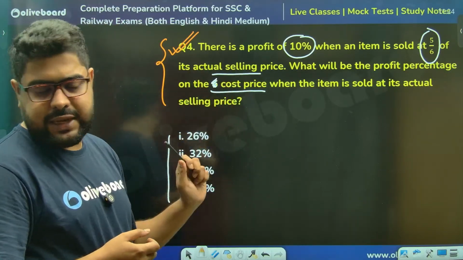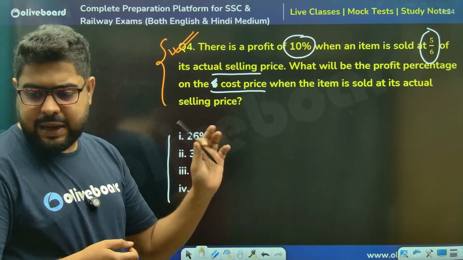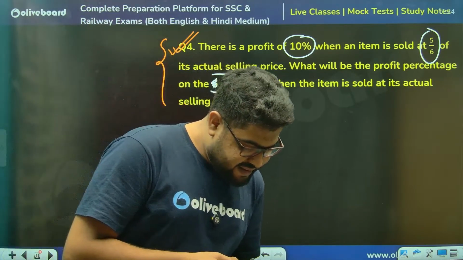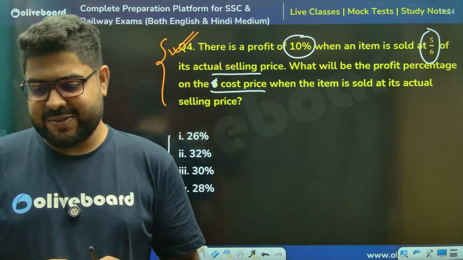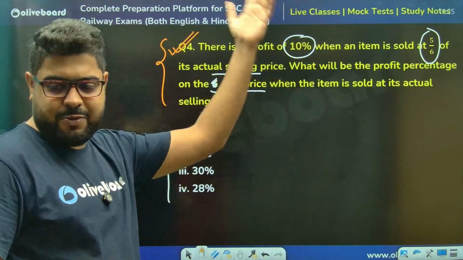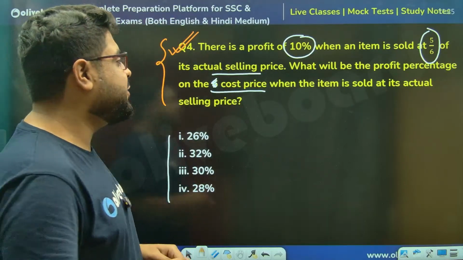It's a printing mistake. I checked just now, my typist has not made an error. Yes, ignore the 6. Because looking at the options, if it were 6 times, the profit percentage would go off multifold.